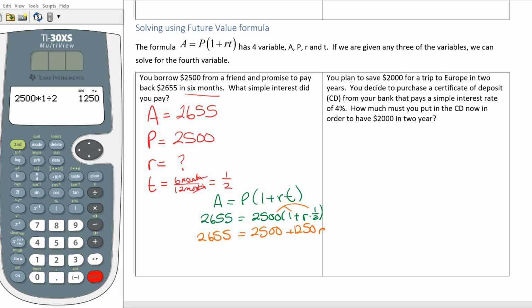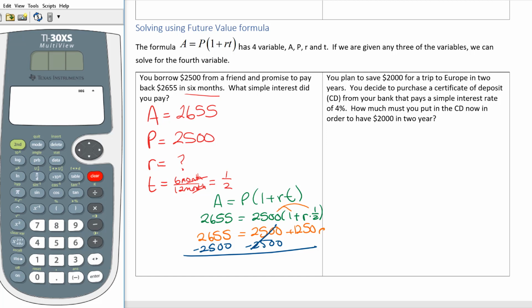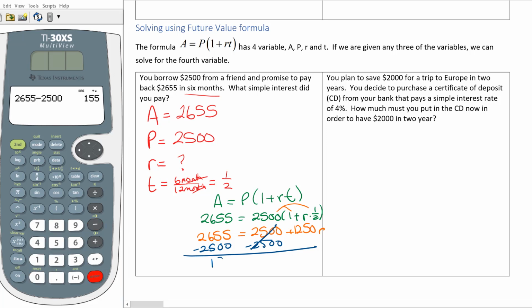So now I'm going to solve, so I subtract 2,500 from both sides. So 2655 minus 2,500 is 155. And then the last step, to get R all by itself, I'm going to divide both sides by 1,250.